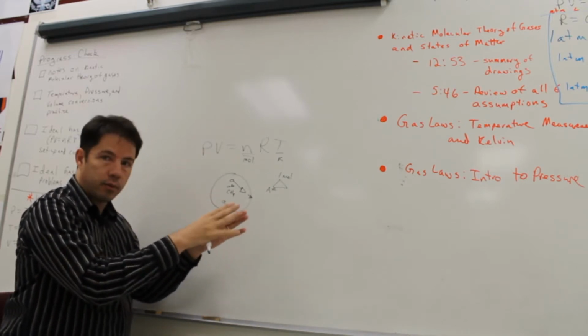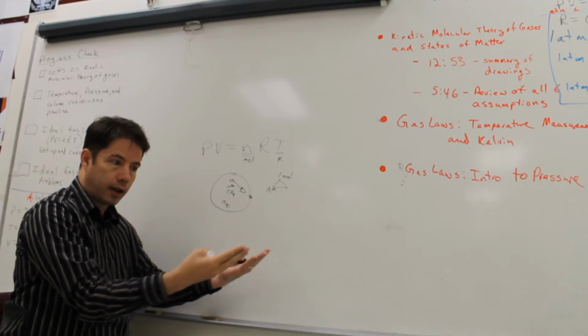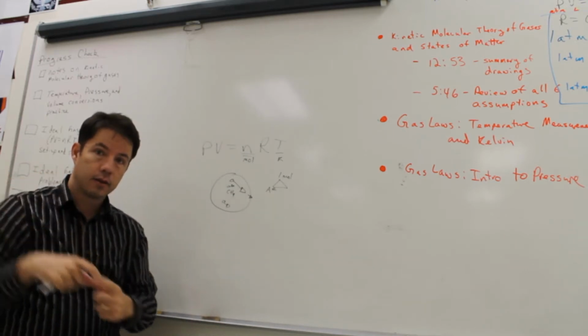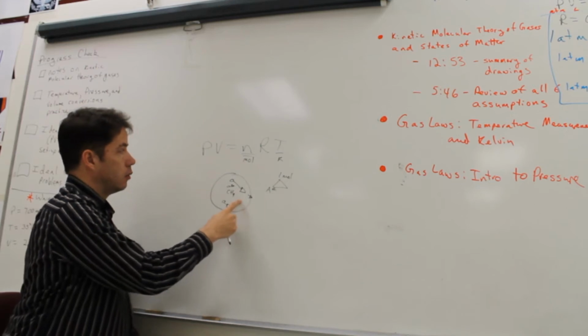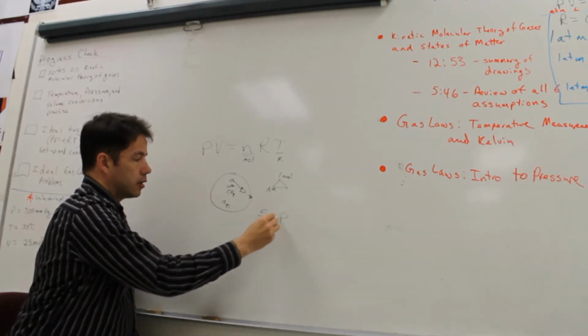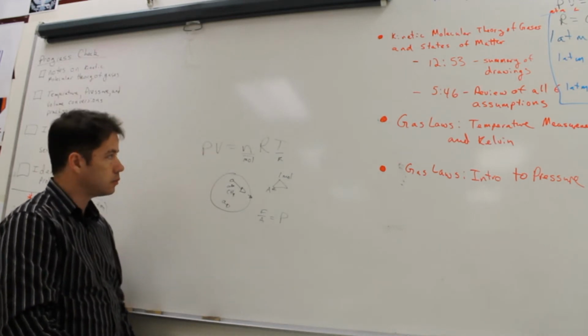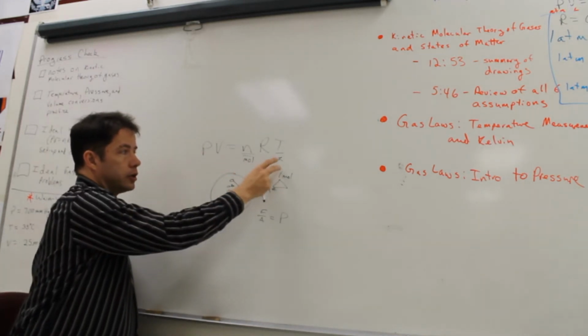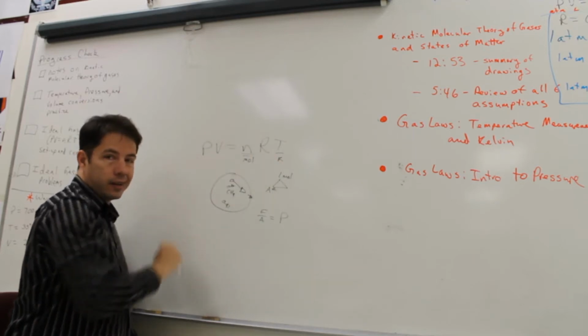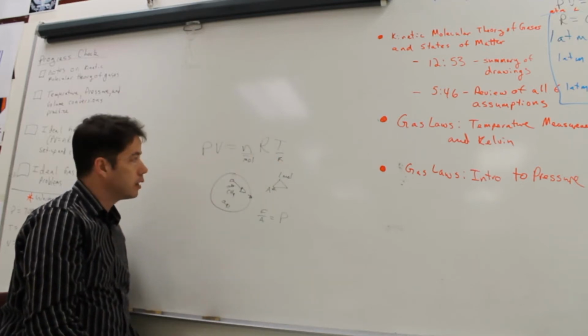So if we could take a balloon or this tank and cut it and lay it out, and we could measure the area inside that tank, we could take our force divided by area and we could get our pressure. So our moles and our temperature times this constant can actually tell us what that pressure might be.